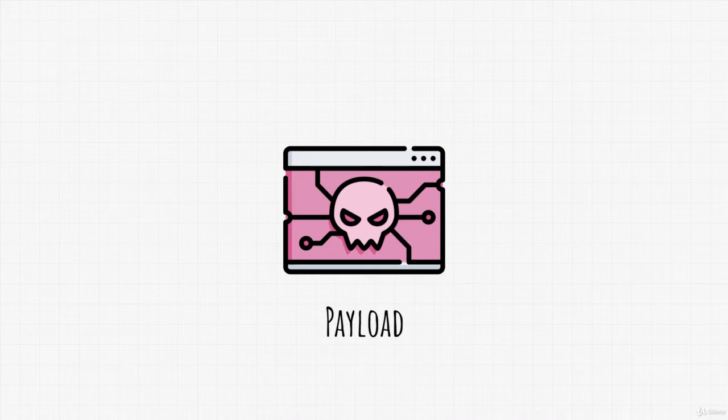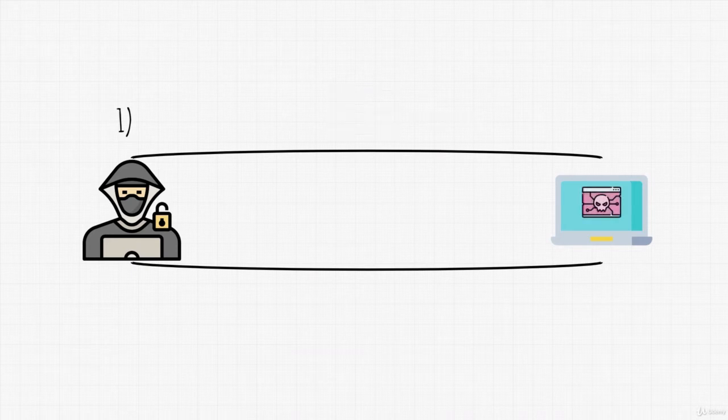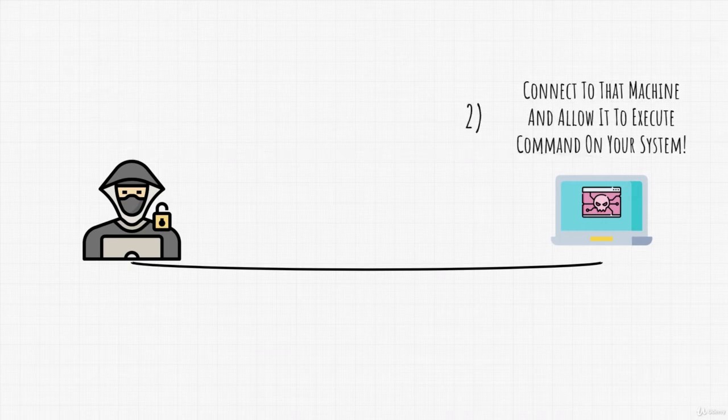The first step would be us exploiting the target and sending the shell or payload with it. That payload will then be on the target's machine and it will execute. Once it executes, what it essentially does is it tells the target machine to connect to that other machine and allow it to execute commands on your system.